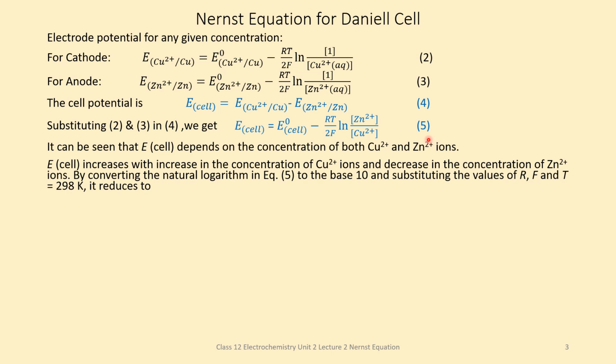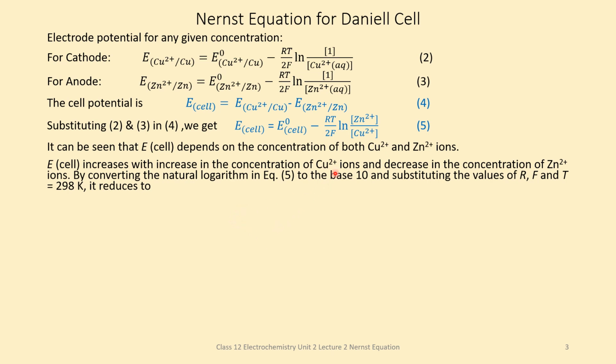So in this equation, if the concentration of Cu2+ increases and the concentration of Zn2+ decreases, then the electrode potential increases.